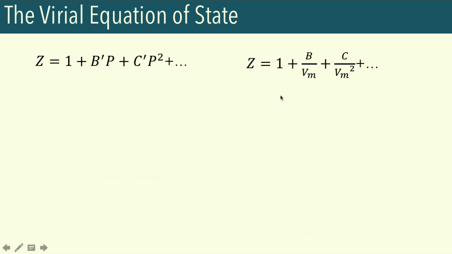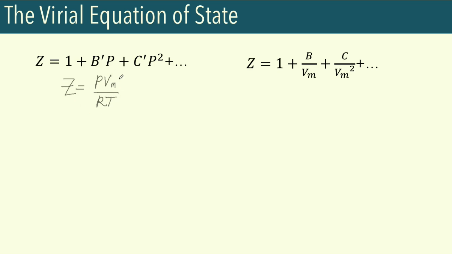Okay, so how can we construct an equation of state from our expressions for Z? Let's start with this expression over here. We know something about the expression of Z, which we mentioned earlier. Z we define as the ratio of our real gas volume over our ideal gas volume, and we can also write this in terms of Vm, the real gas volume over RT.